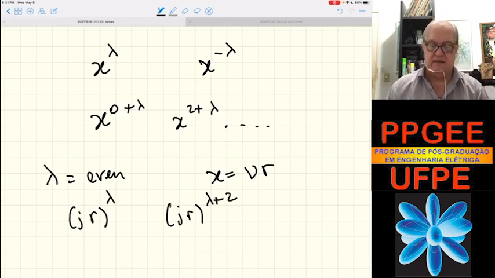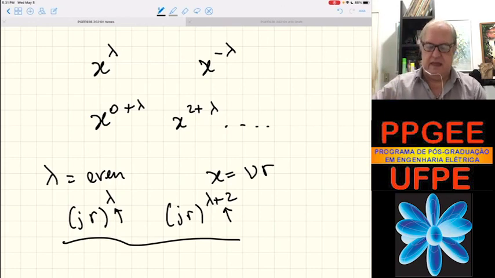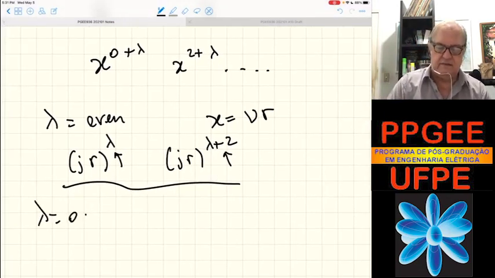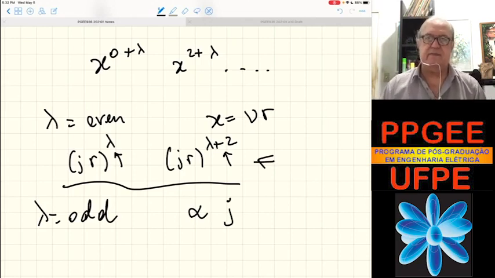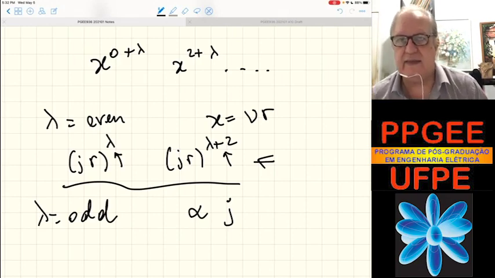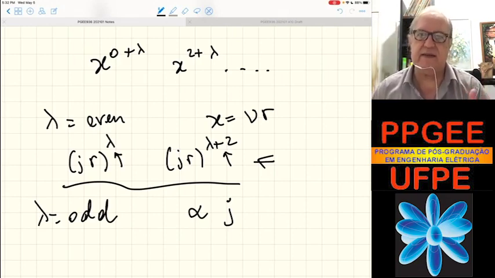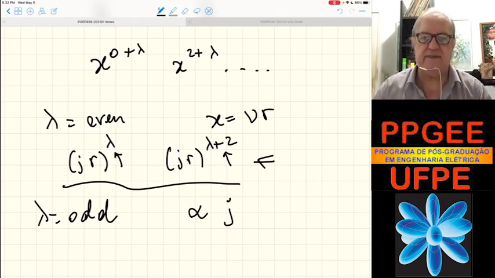If lambda is even, all of those numbers are real. If lambda is odd, an integer, all these numbers are proportional to real powers times j. It's easy to calculate that, because odd powers of j are a multiple of j. So at most you're going to have an imaginary number times a real function. So you can build real functions by doing that.